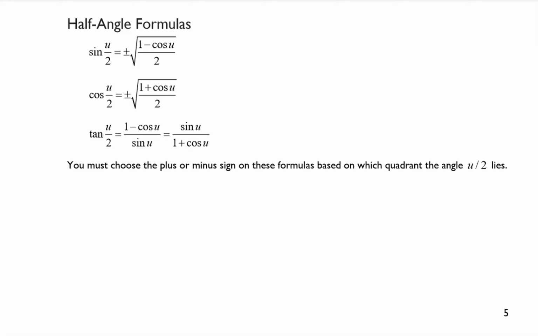And something that you want to note when you are dealing with the half angle formulas is that you must choose the plus or minus sign on these two formulas based on which quadrant the angle u over 2 lies in. So that's something to keep in mind as you are working on these questions for the half angle formulas.